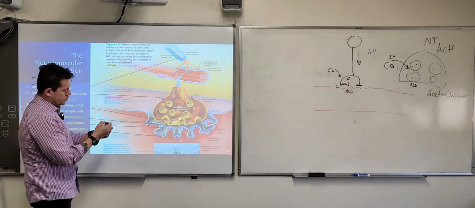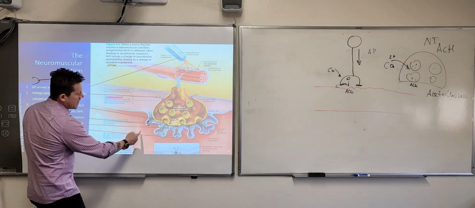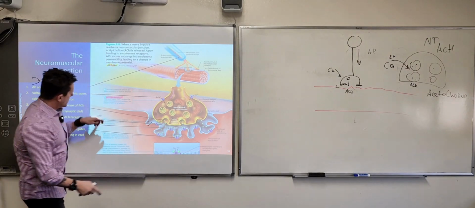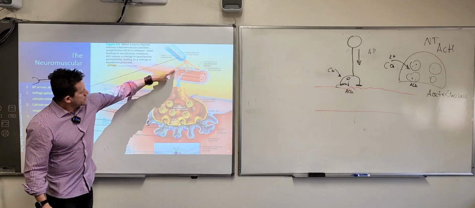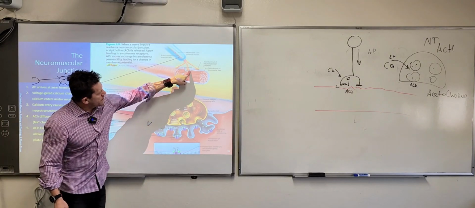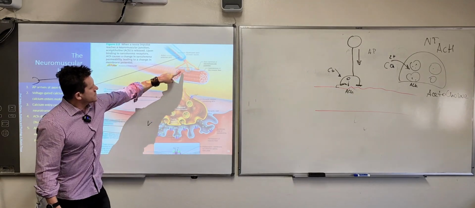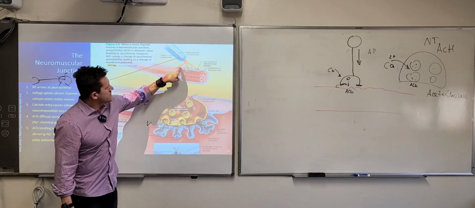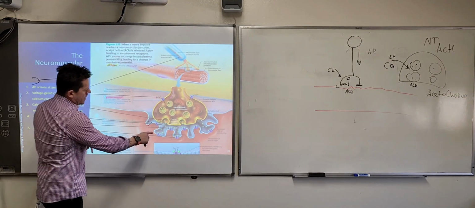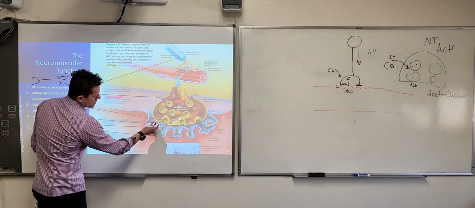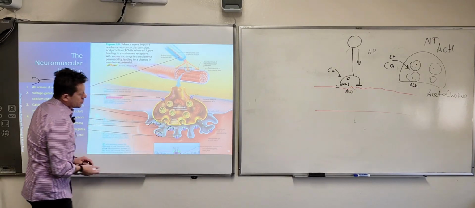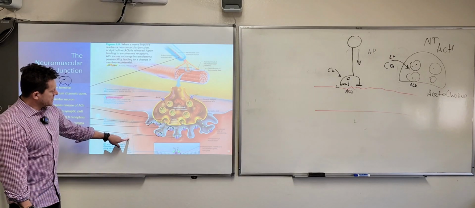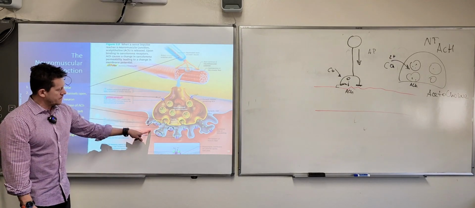That's where they got the name synaptic cleft. This is the membrane, the sarcolemma. The sarcolemma changes shape here, where there's a plate, the end plate. These are the channels. To enter the cell, you have to pass through the channel.